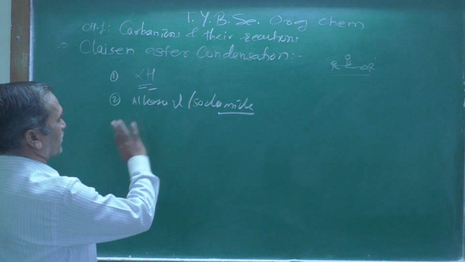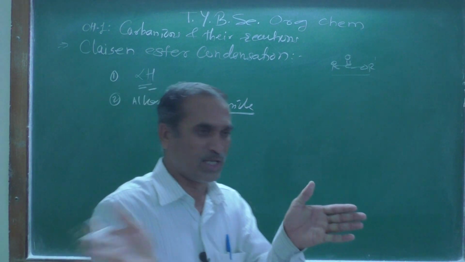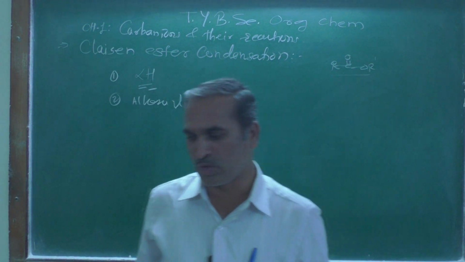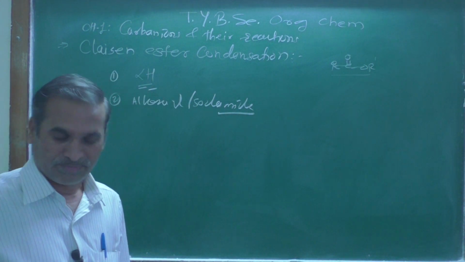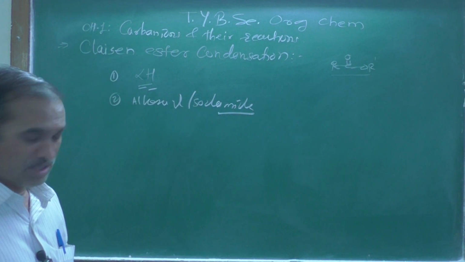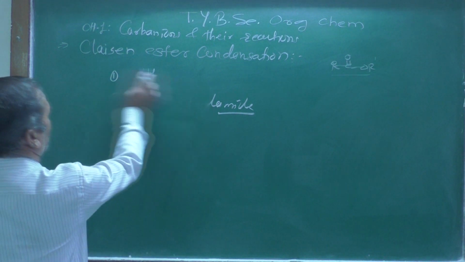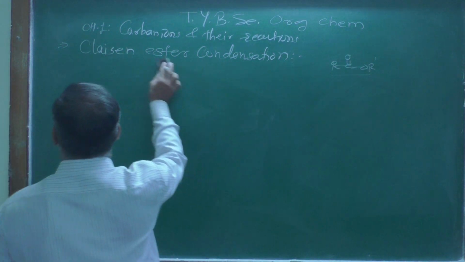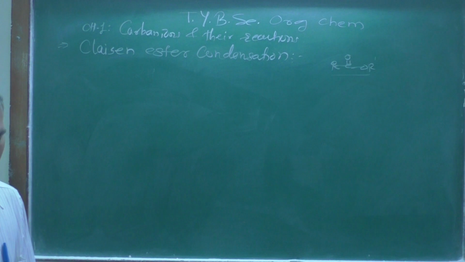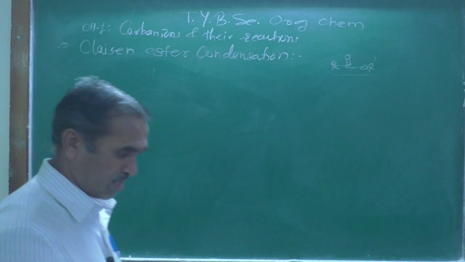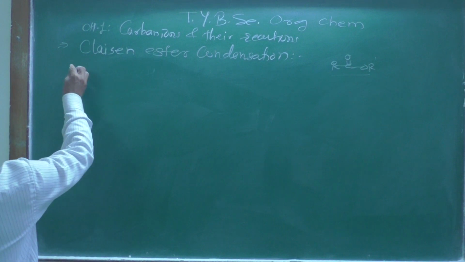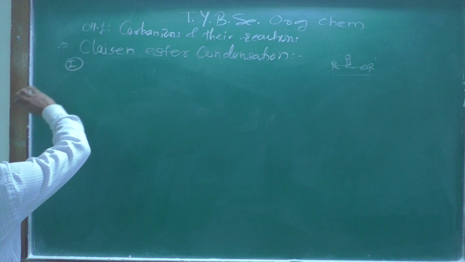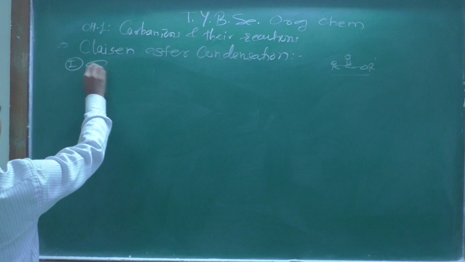Condensation means two molecules get condensed together, and that's why the name is given as Claisen ester condensation reaction. Now let's begin with the simplest. There are again three kinds, I already told you that, and the first one is the simple Claisen ester condensation.